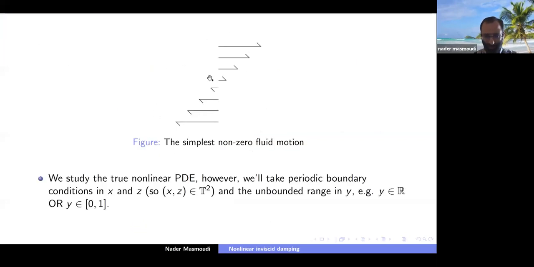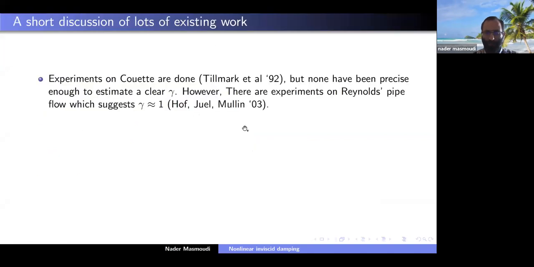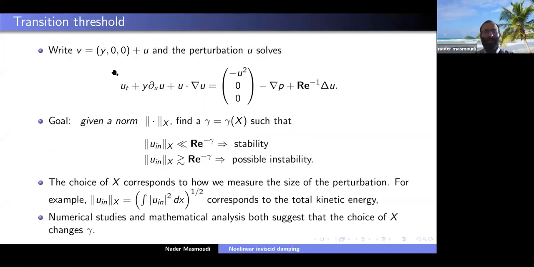At some point, we'll be talking about this in slightly different geometries. Now, this is the Couette flow, if we write it in 3D. So if I perturb it, I will write my velocity as the Couette plus the perturbation, and then this will be the equation for the perturbation.